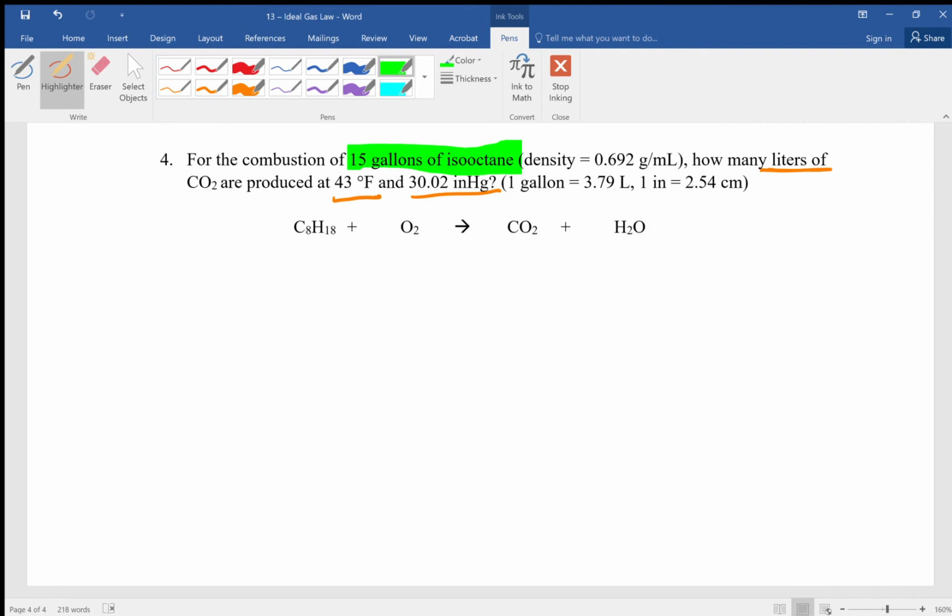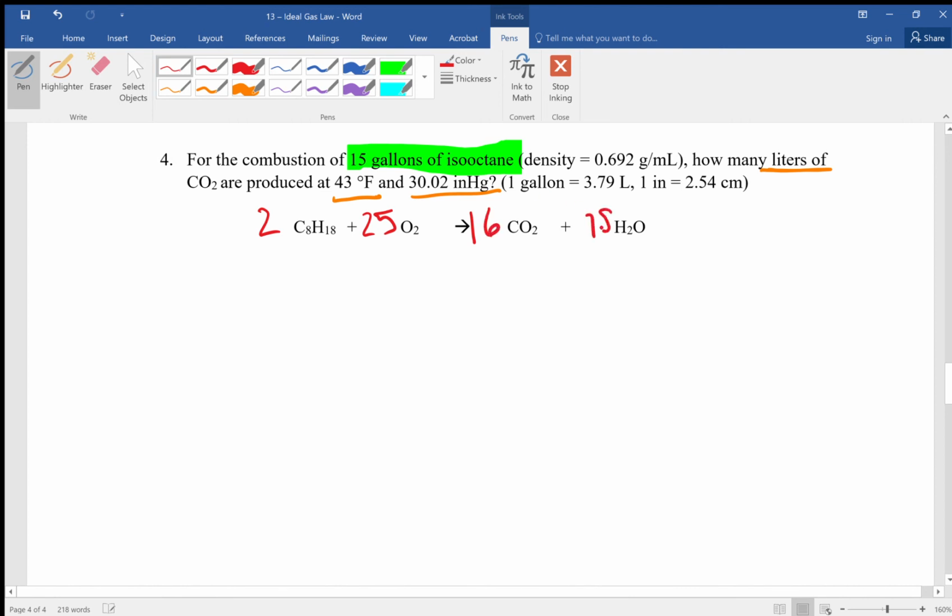First of all, we're going to have to get from 15 gallons into a more useful unit such as grams. And second, we need to balance our equation. So I'm not going to go through the balancing. We've actually already done this exact reaction before. So there we have it balanced.